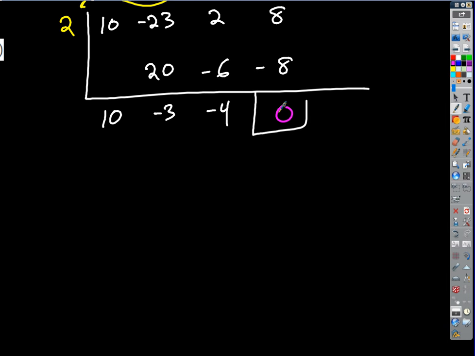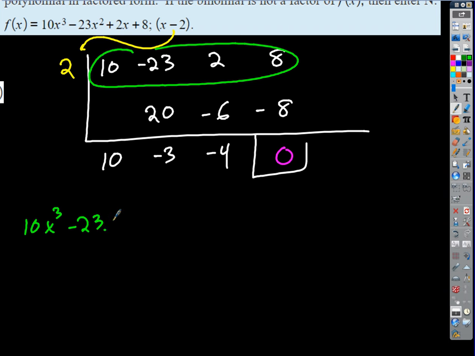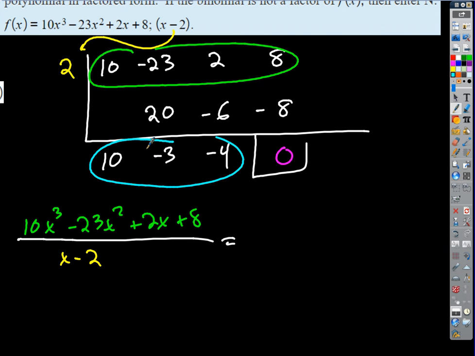What do we do? You just divide it out by x minus 2. Okay, good. So what this synthetic division problem tells us is that there's our polynomial, 10x cubed minus 23x squared plus 2x plus 8, divided by x minus 2 equals that, right?